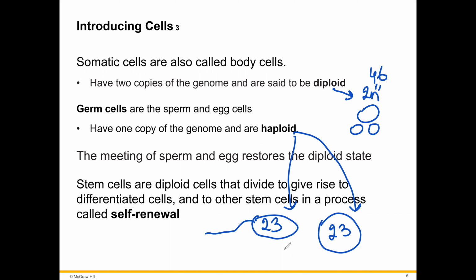When they unite, we restore the ploidy, because we end up with 46 chromosomes again. So sperm and egg have just one n, so they are haploid. And when sperm fertilizes egg, we go back to 2n, diploid cells.